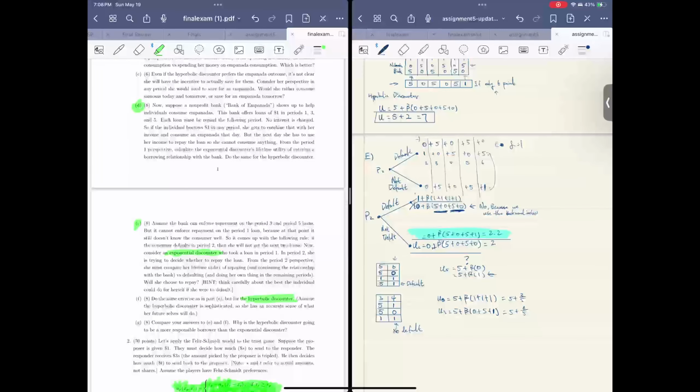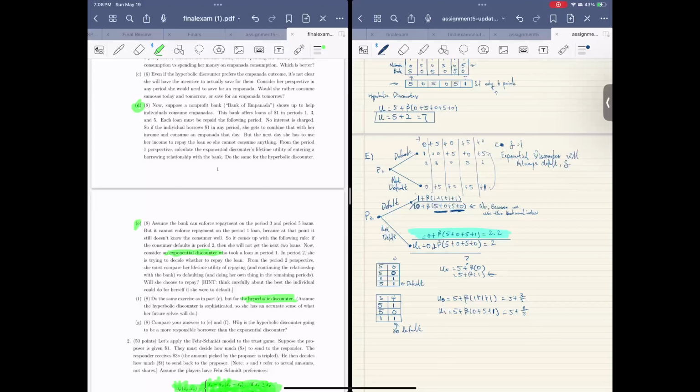Yeah, both cases lead to the hyperbolic or the exponential will always default. According to when the exponential discounter will default, it depends on the delta.